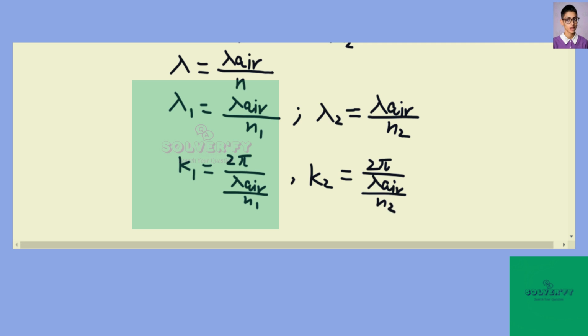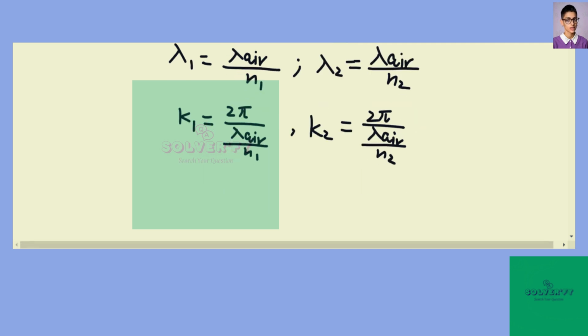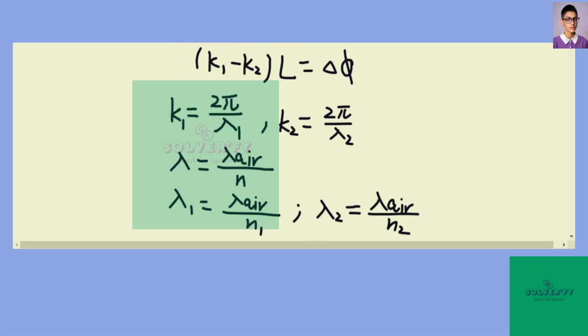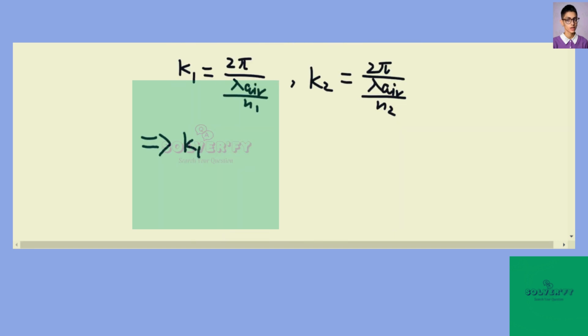If we do some arrangement, remember from this case K1 minus K2, so K1 minus K2 can be equal to 2 pi n1 minus 2 pi n2 over lambda air.